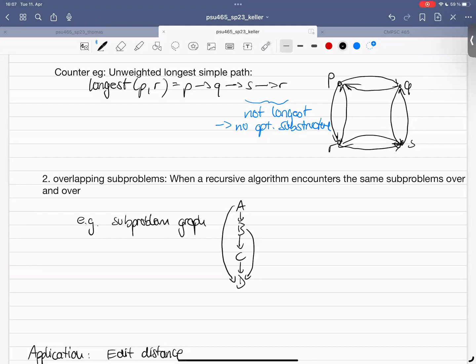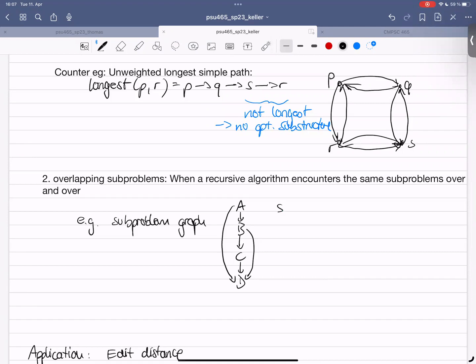B also will call C, and C again will call D. In that way, you will see that solving all these problems, A, B, and C, they will call for solving the same subproblem D. So in this case, we will solve the same subproblem D multiple times in different paths of the recursion tree. And this is basically the scenario where we can benefit using a bottom-up approach in dynamic programming compared to recursive algorithms.